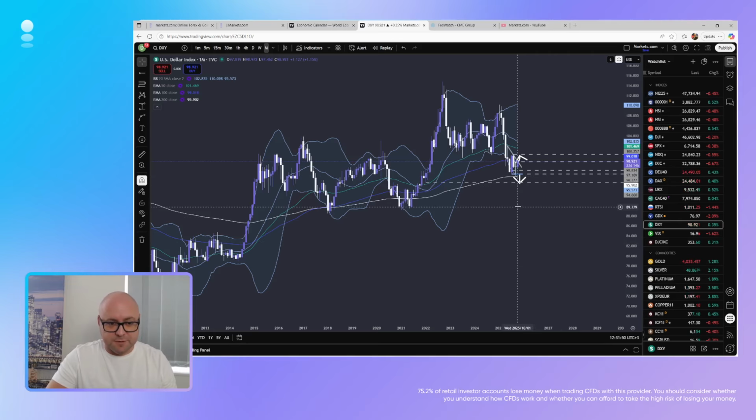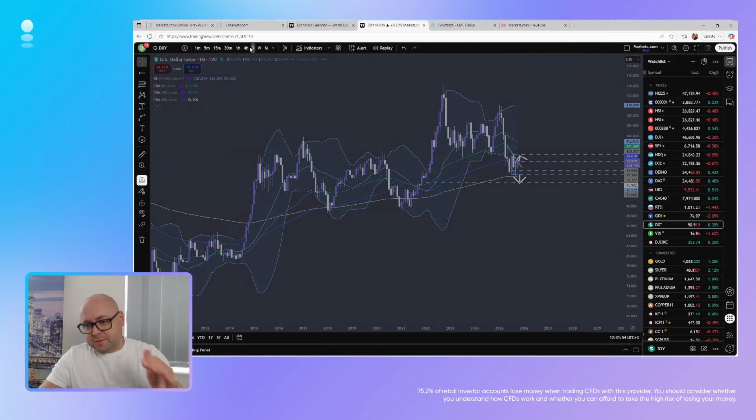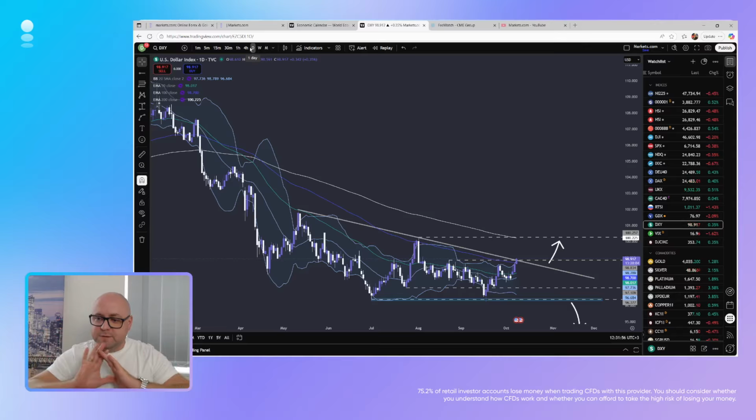And that could open the gateway towards some lower areas. But for now, short term, like I said, there is a little bit of positivity. So maybe we could see some action to the upside here.